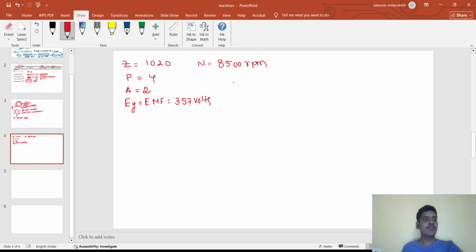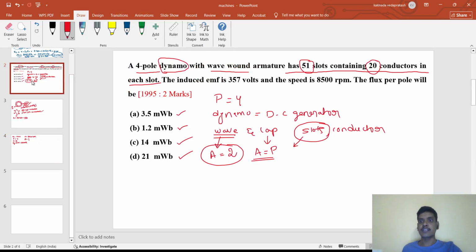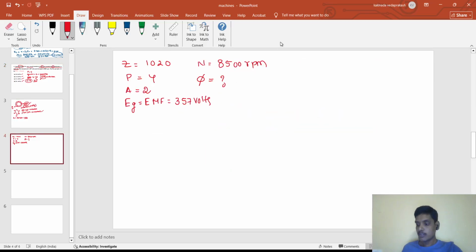Now what are they asking us to find? They are asking for the magnetic flux per pole. So what is the formula? What is the relation between generated voltage and magnetic flux?